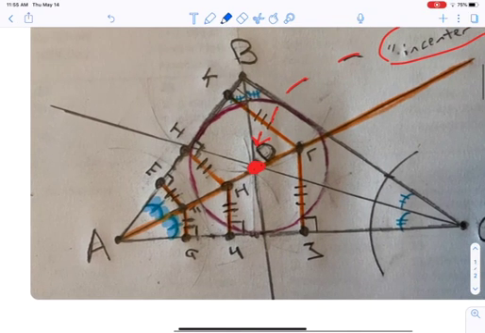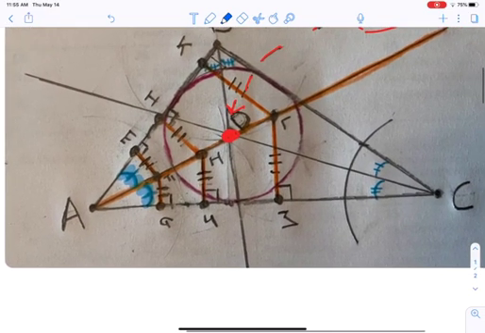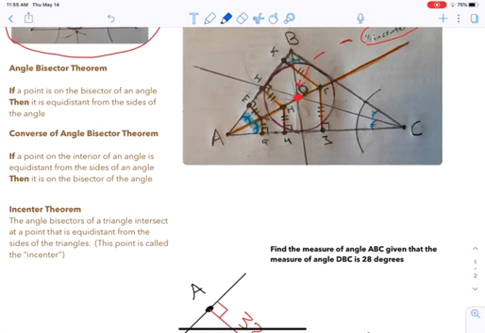In other words, angle BAD and angle DAC are congruent, because that's an angle bisector. I'm going to write that down. Angle BAD is congruent to angle DAC.